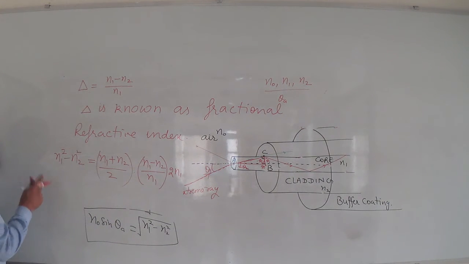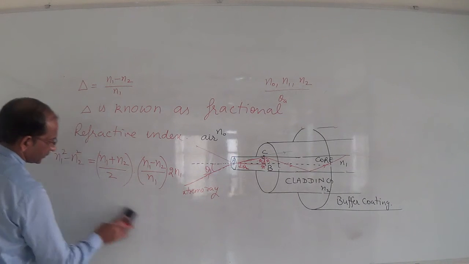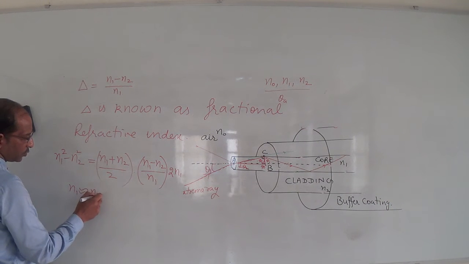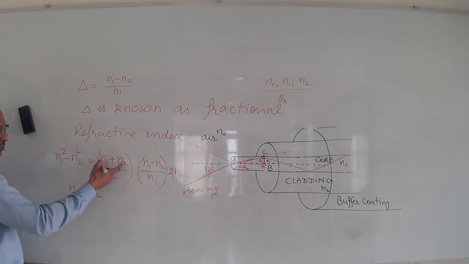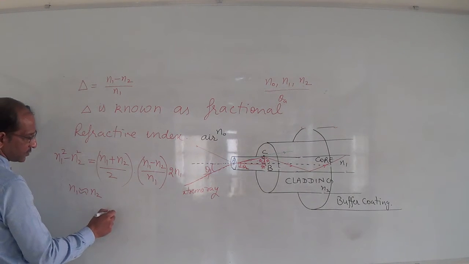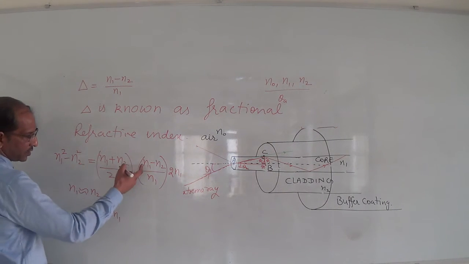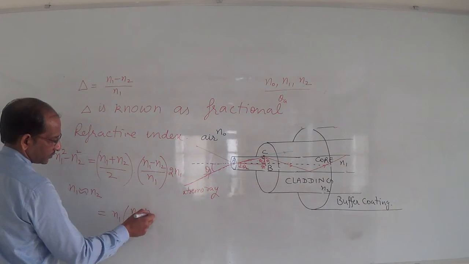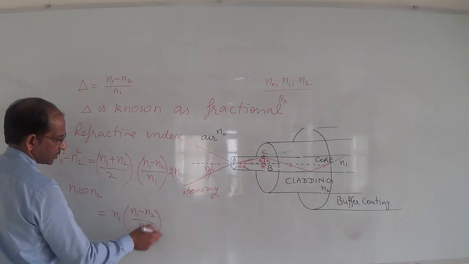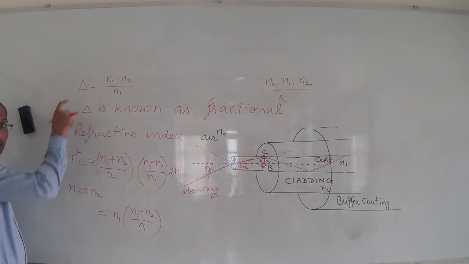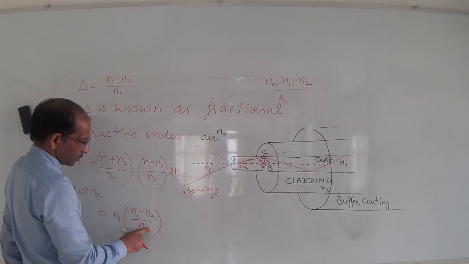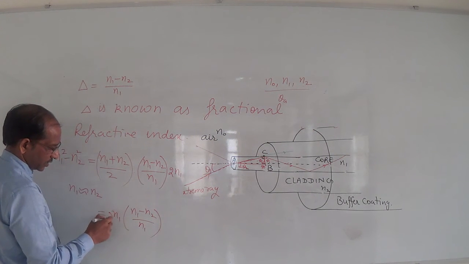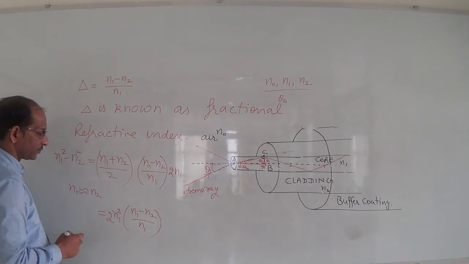Now further we know that n1 is almost equal to n2. So the average of this term one can write as n1, and this is n1 minus n2 upon n1 as it is, because it represents the fractional refractive index, and this is 2n1. So 2n1 into n1 becomes 2n1 square.